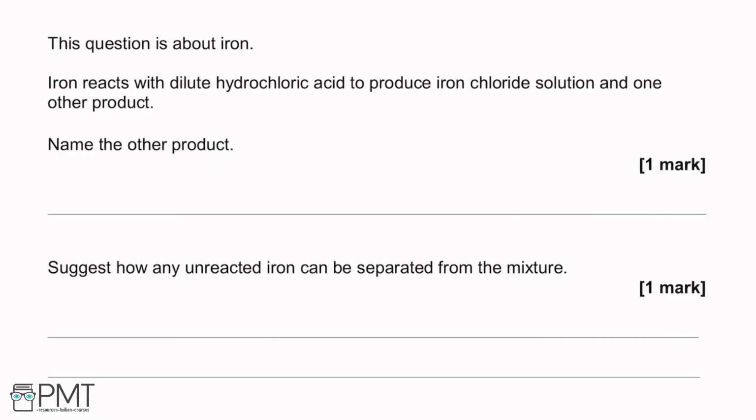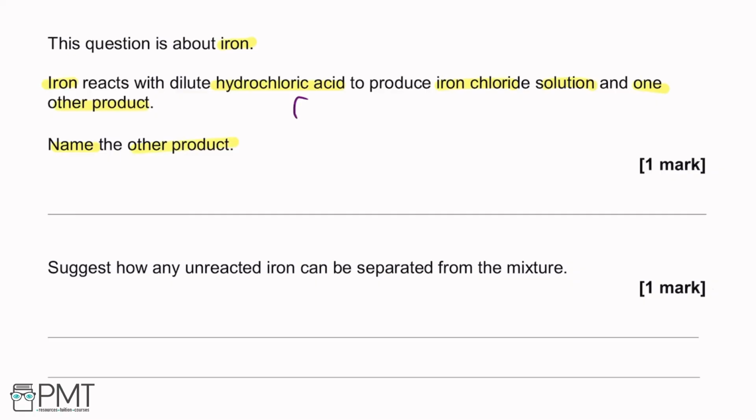This question is about iron. Iron reacts with dilute hydrochloric acid to produce iron chloride solution and one other product. Name the other product. So let's write an equation for what's happening in this reaction.